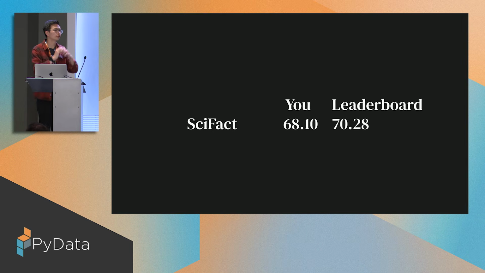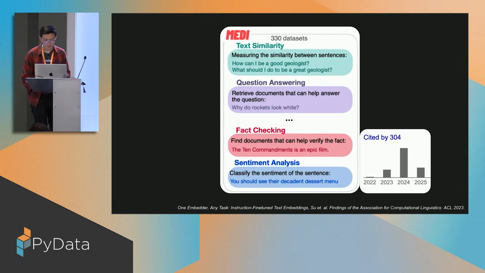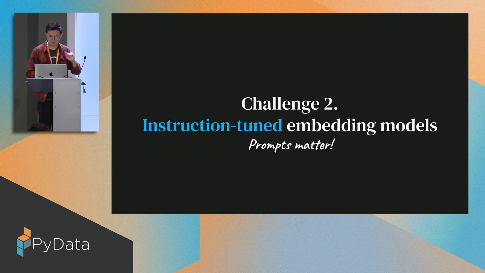So now we've tackled the big model problem. And there's another challenge. Here's a hint. It's quite subtle, and it can completely change your results with just a few words. What do you think contributed to this difference in score here? It's prompts.